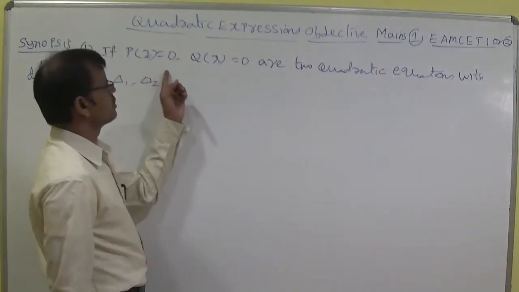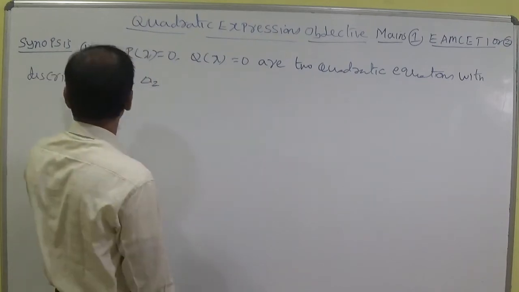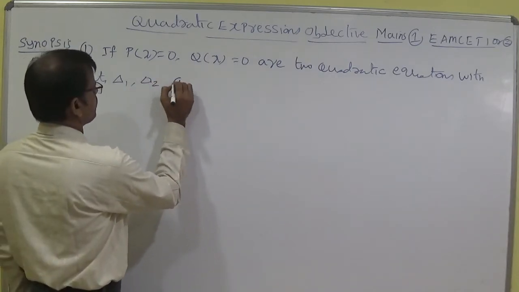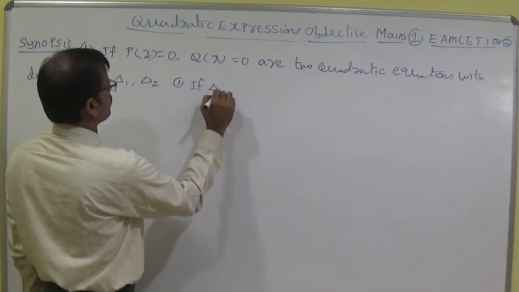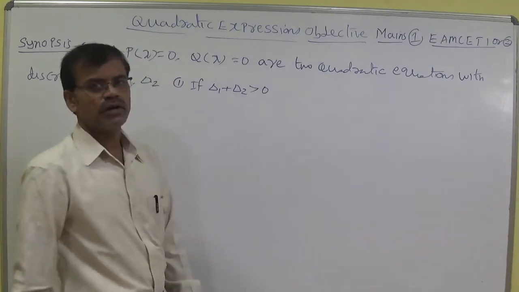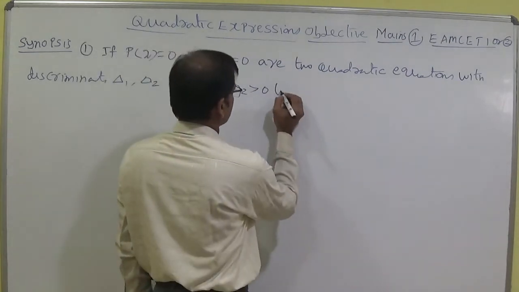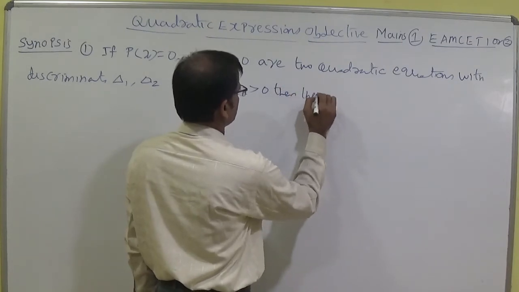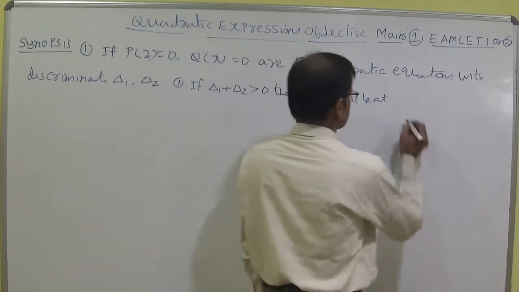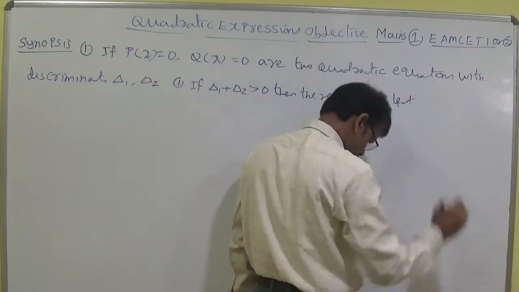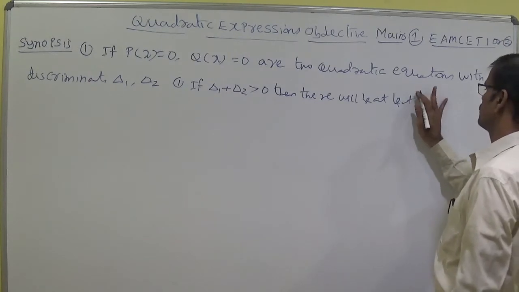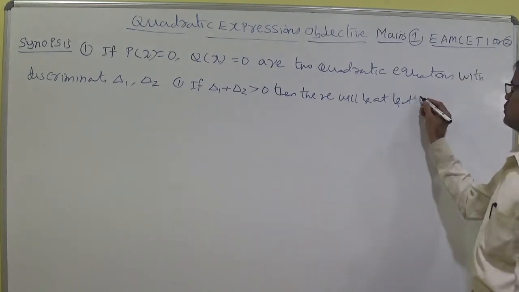If P of x equal to 0 and Q of x equal to 0 are two quadratic equations with discriminants delta 1 and delta 2, then if delta 1 plus delta 2 is greater than 0, there will be at least two real roots.